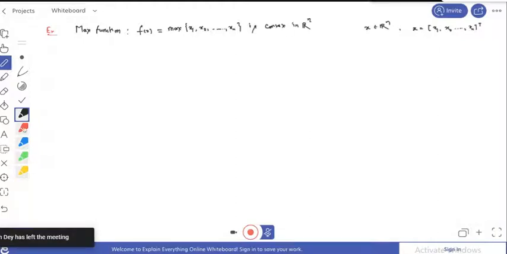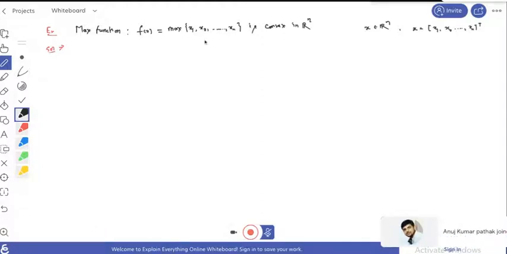Okay, so to prove whether this function is convex or not, we check convexity. For convexity, we take any theta which lies between 0 and 1, and we try to prove that f of theta x plus (1 minus theta) y satisfies the convexity condition, where x and y are two points.